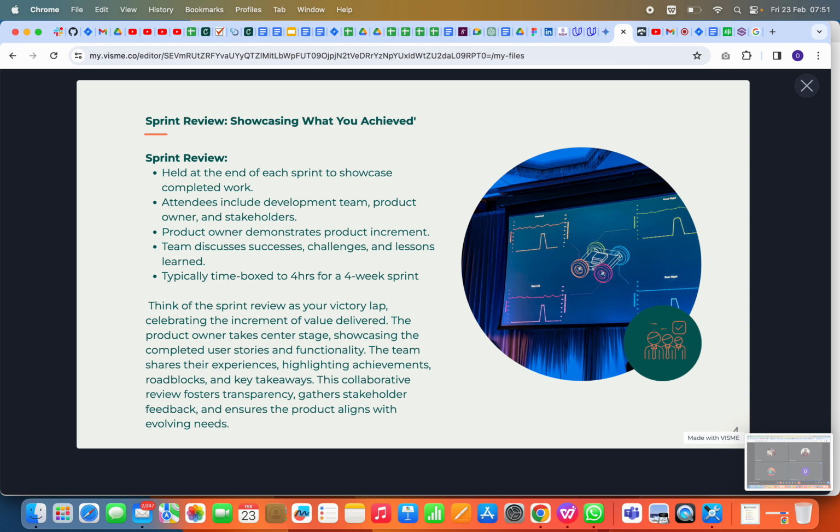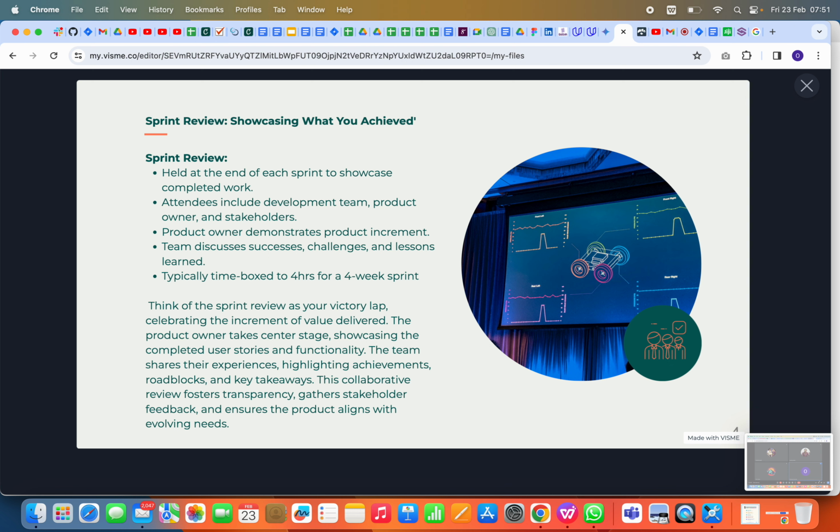The product owner takes center stage, showcasing the completed user stories and functionality. Remember our user stories from Jira? The team shares their experiences, highlighting achievements, roadblocks, and key takeaways. This collaborative review fosters transparency, gathers stakeholder feedback, and ensures the product aligns with evolving needs.